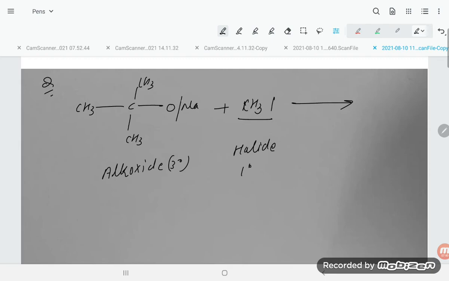So the product will be, student, ONaI is getting out. So see, student, CH3, here is C, this side CH3, downside CH3, here is O, and here is CH3, right? This is our product, student, right?